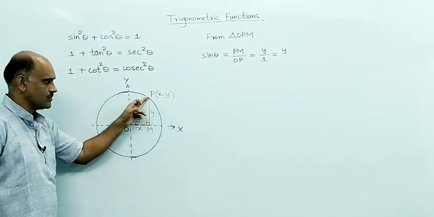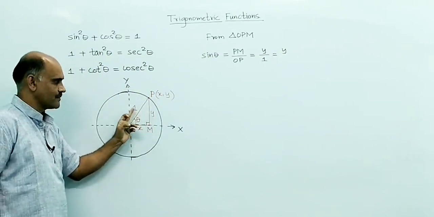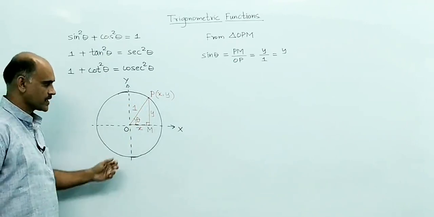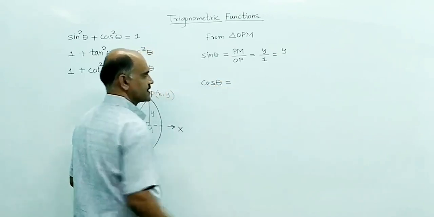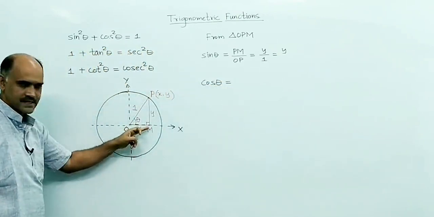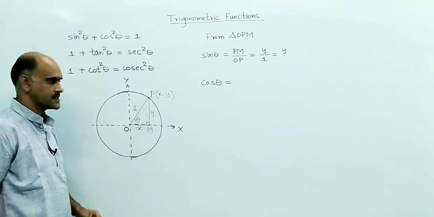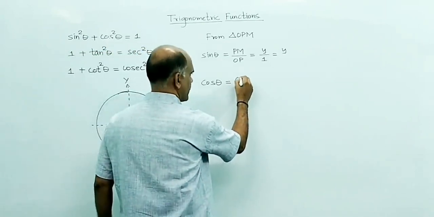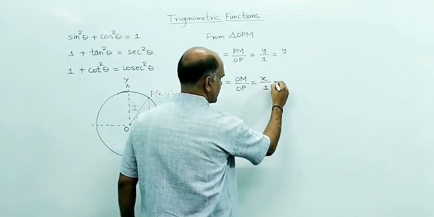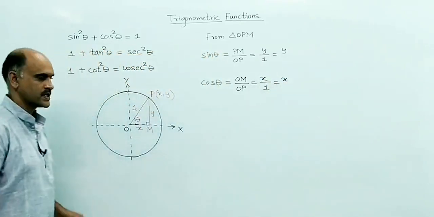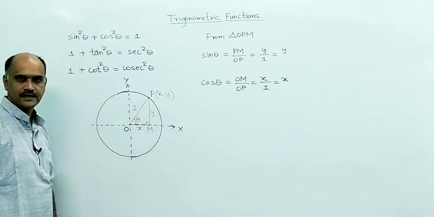Similarly, cos theta is equal to adjacent by hypotenuse. Adjacent is OM, hypotenuse is OP, so this is OM by OP, or x by 1, and that is equal to x. So from this triangle I have written sin theta and cos theta.